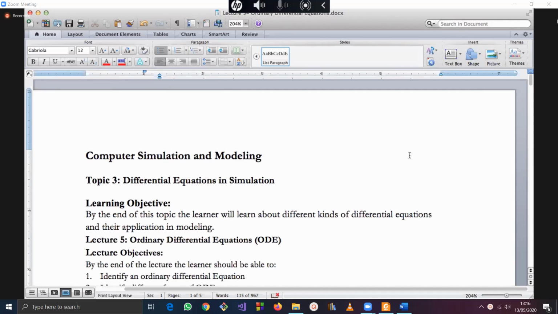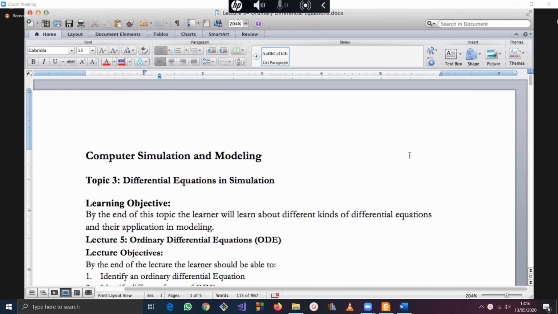Differential equations are sometimes also referred to as ordinary differential equations. You may find people saying differential equations, others calling them ordinary differential equations. They are used interchangeably sometimes.